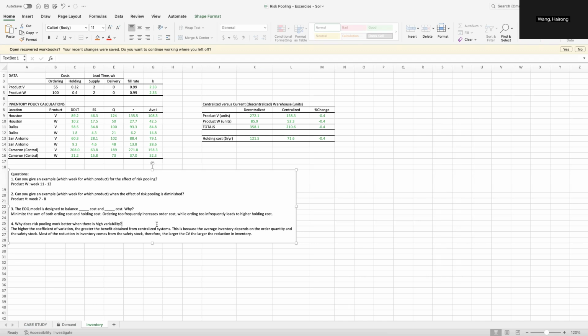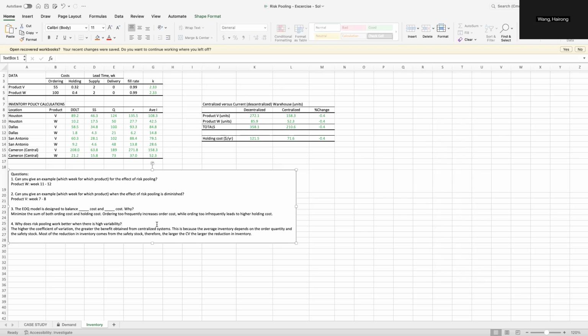Most of the reduction in inventory comes from the safety stocks. Therefore, the larger the CV, the coefficient of variation, the larger the reduction in inventory. Then risk pooling potentially works better when there is high variability.